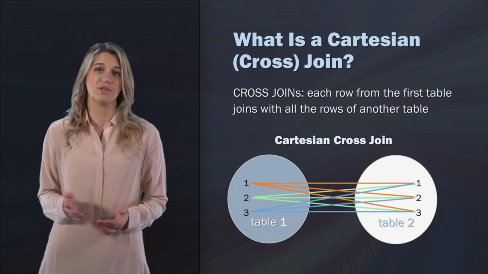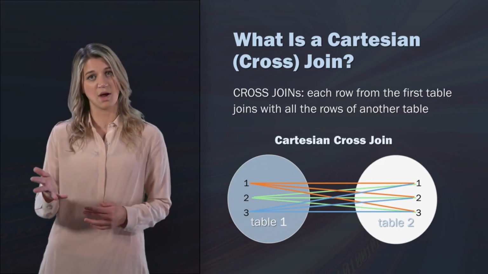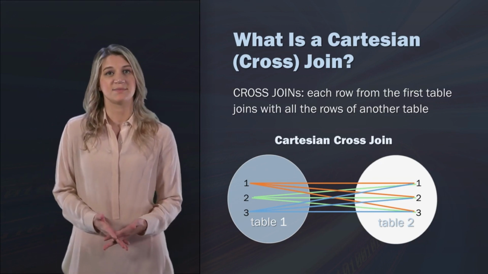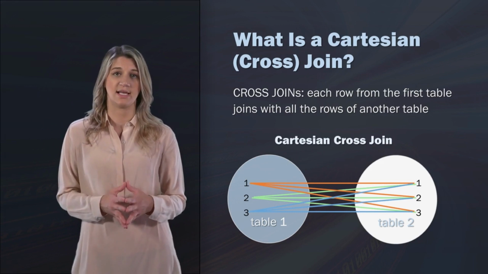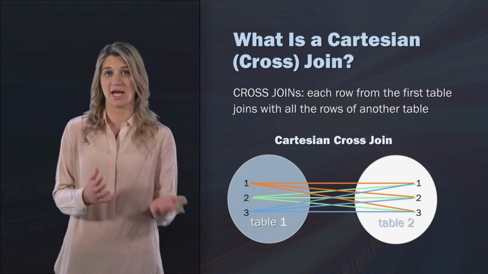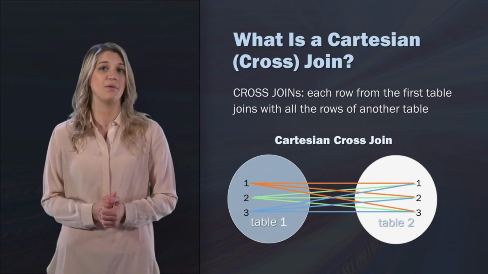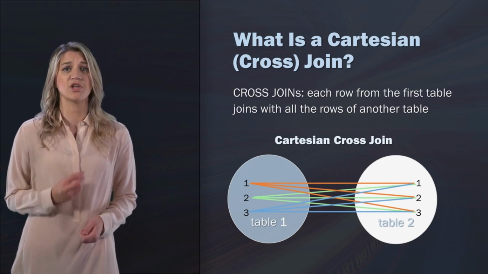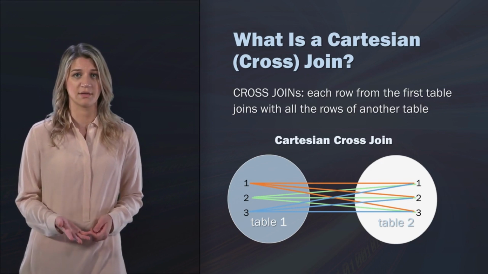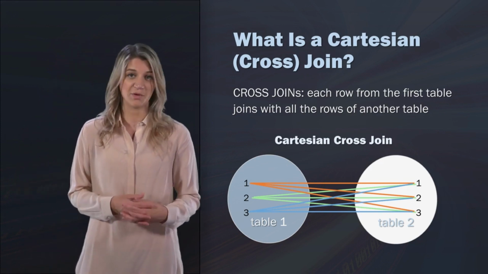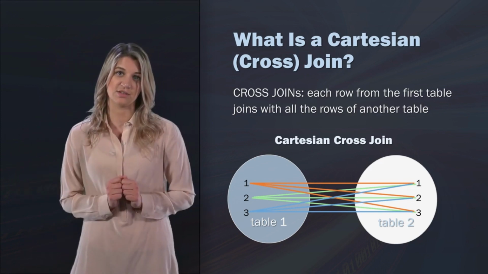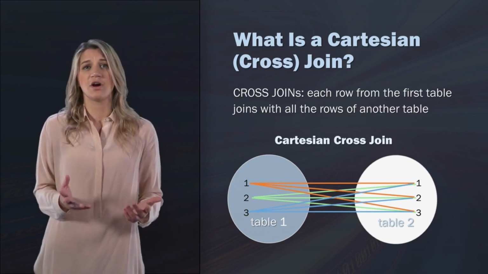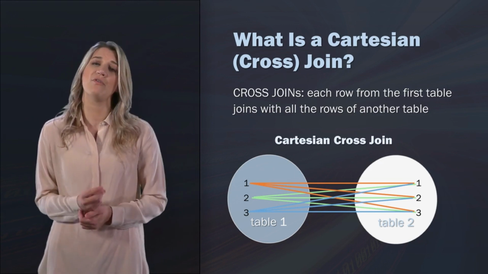You'll have the end result of X times Y. So as you might guess, this is computationally taxing because if you have a table with just 10 records in it and the second table with 10 records, just performing a cross join is already going to increase it to 100. And rarely are you ever working with a table with just 10 records. So these aren't frequently used, but they're helpful in specific cases.